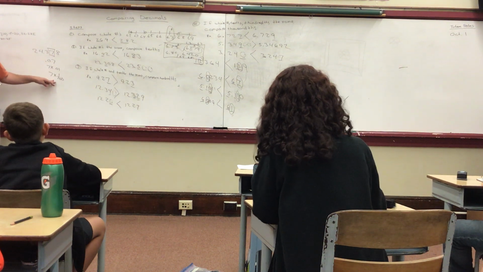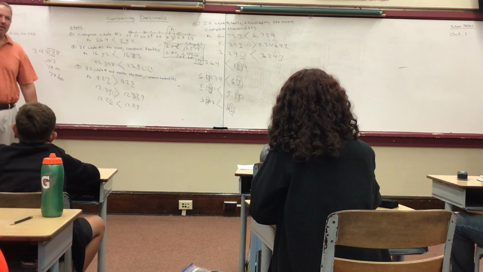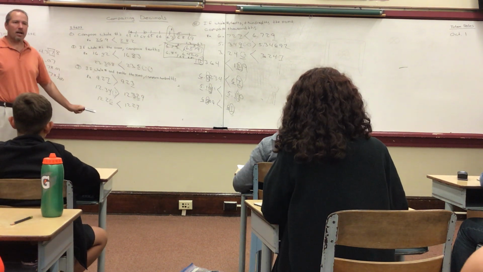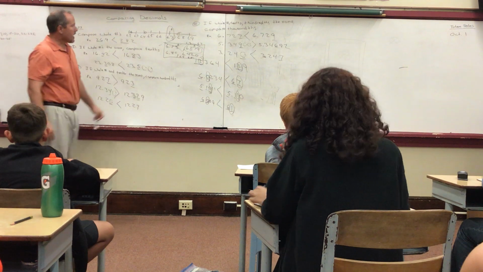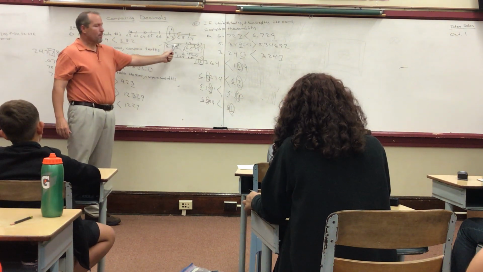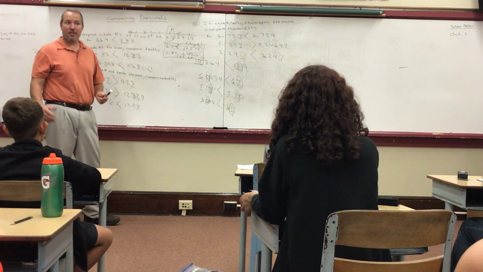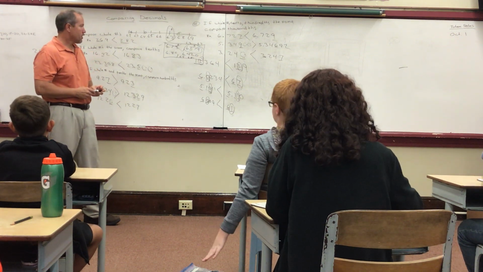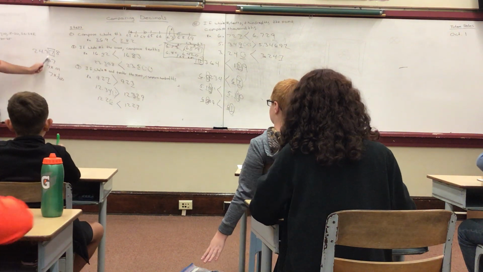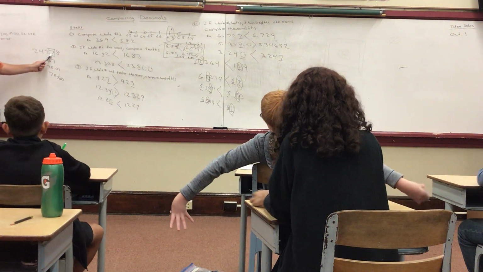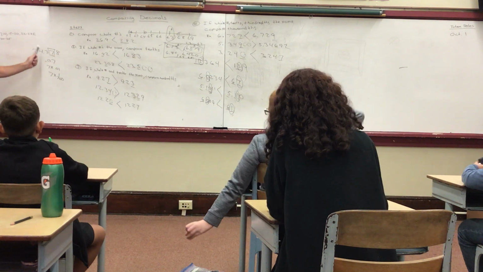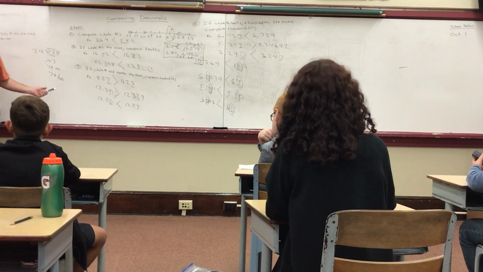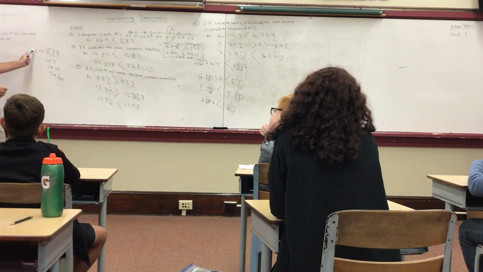Okay? So, really you're going to have 4 types of questions for homework tonight. First one, just simply comparing. Second one, they're going to say, pick the number that's either to the left or to the right of another number on a number line. Keep in mind, left is smaller, right is bigger. They're going to give you a number or a digit and tell you, based on what place value it's in, to write it in expanded form. And then they're going to also tell you to write this entire number in expanded form.